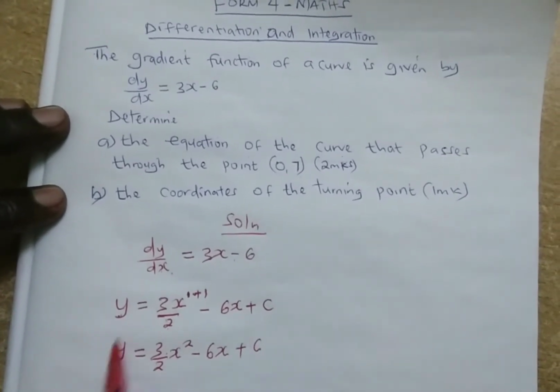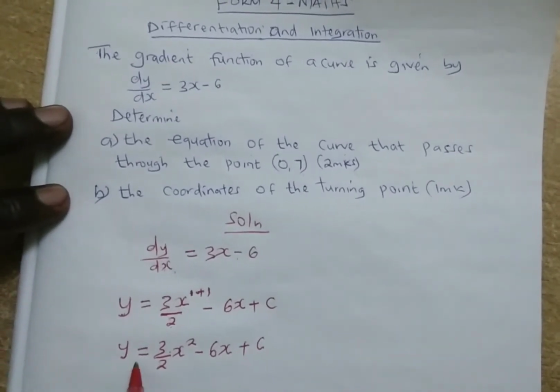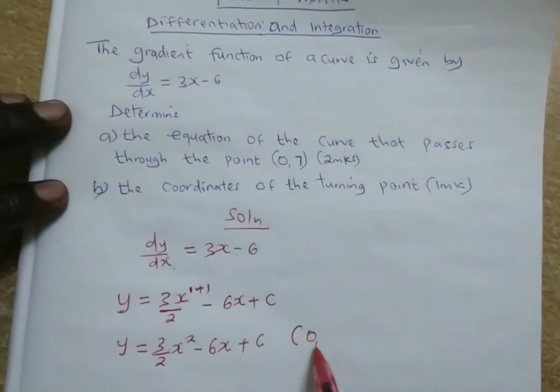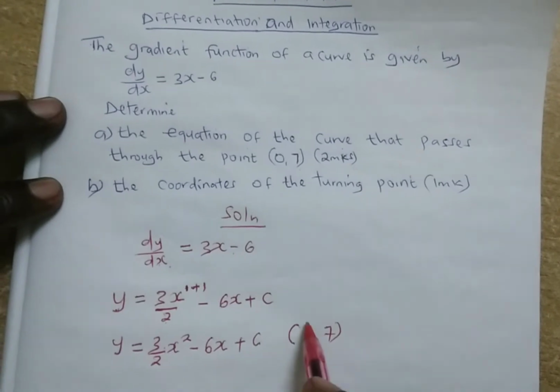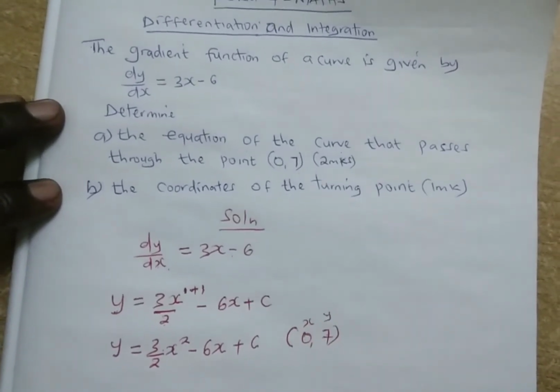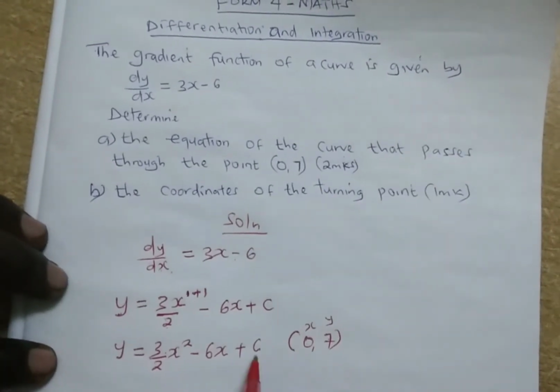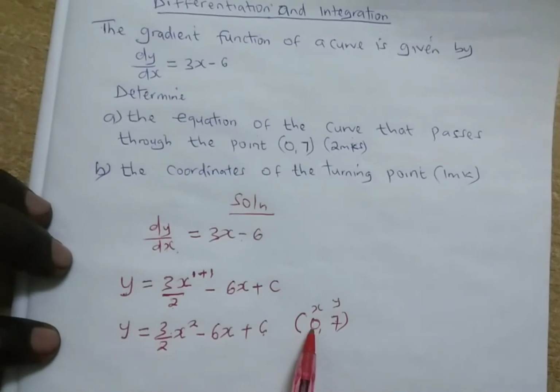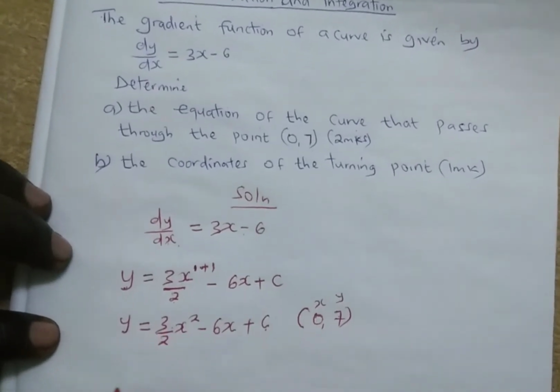This is the general equation, but we need to calculate the specific equation by taking the point given, which is (0, 7). This 0 stands for the x coordinate and 7 stands for the y coordinate. So for us to get the value of c, we are going to substitute the values x and y in this given function.